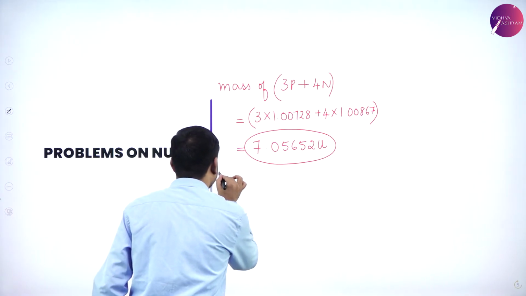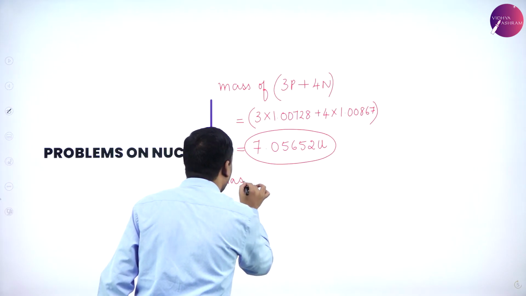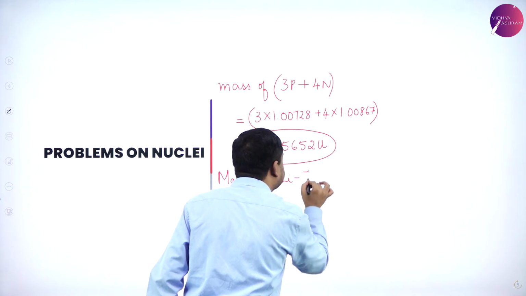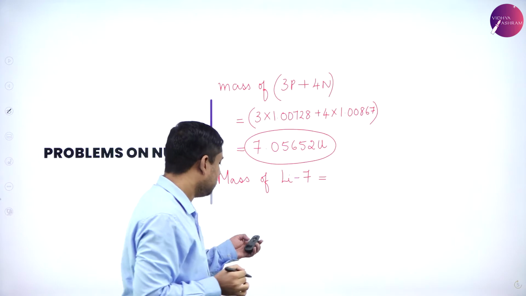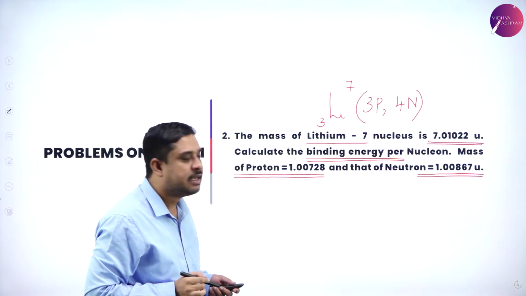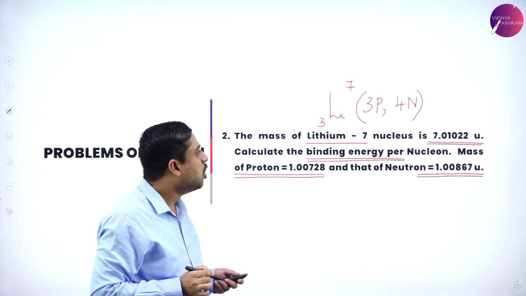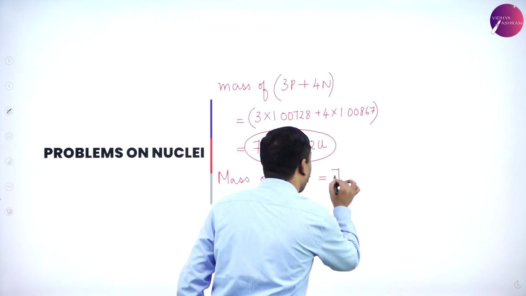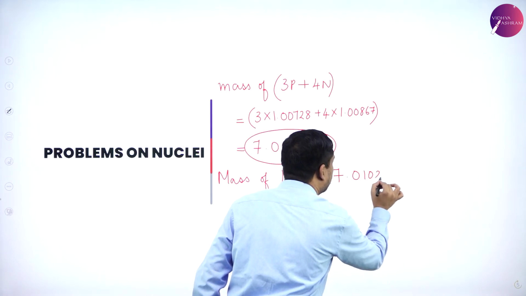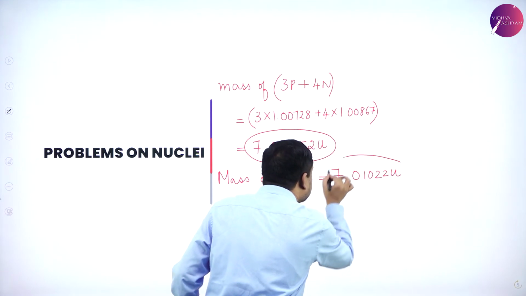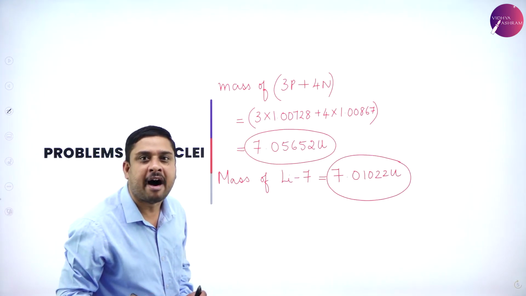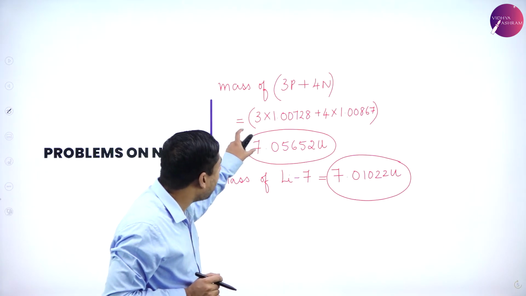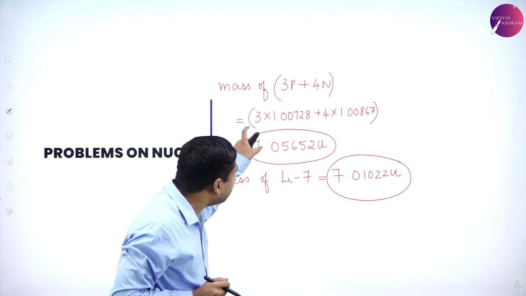Now, the mass of lithium 7 is given. So mass of lithium 7 is 7.01022 units. So this is the actual mass of lithium 7, while the earlier one is the mass of the constituent particles.